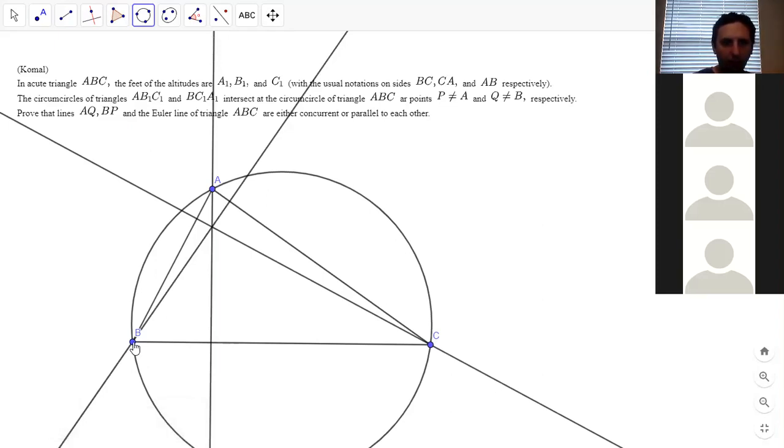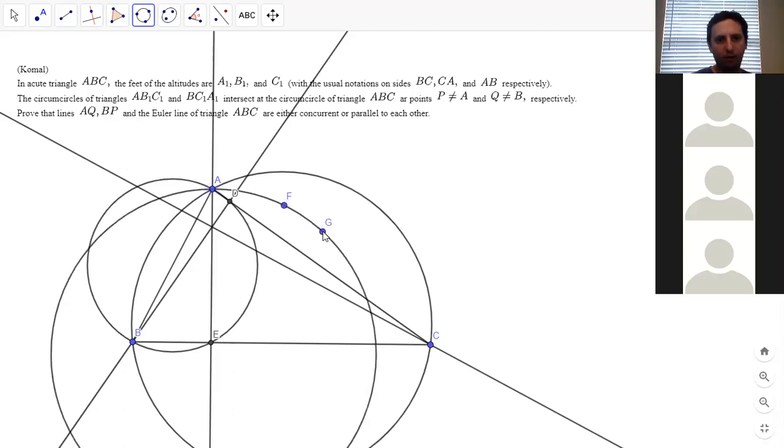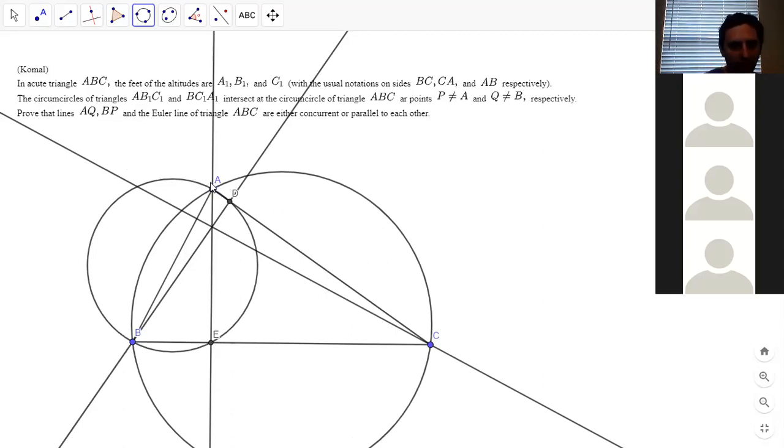So A, B, C1, A, B1, C1. So those are just the circles with diameters AB and AC, right? And A, B1, C1, and B, C1. Is that right? Wait, that doesn't look symmetric. Oh, whoops, that's the wrong circle.